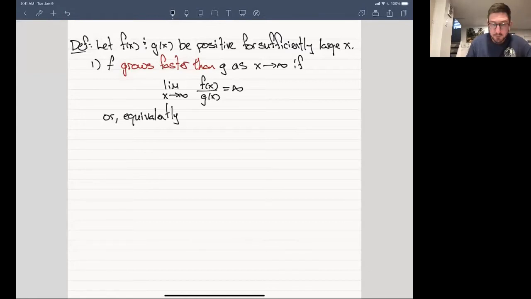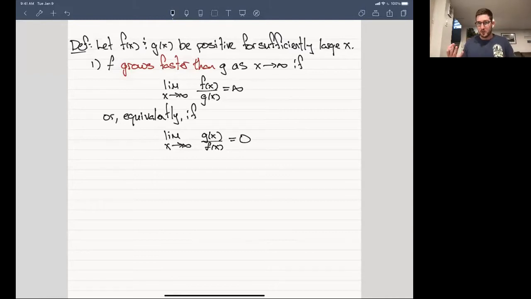if you invert that fraction, then you would get the limit as x goes to infinity of g of x over f of x is equal to 0. In this case, the denominator is sinking the function and it's pulling you down to 0.